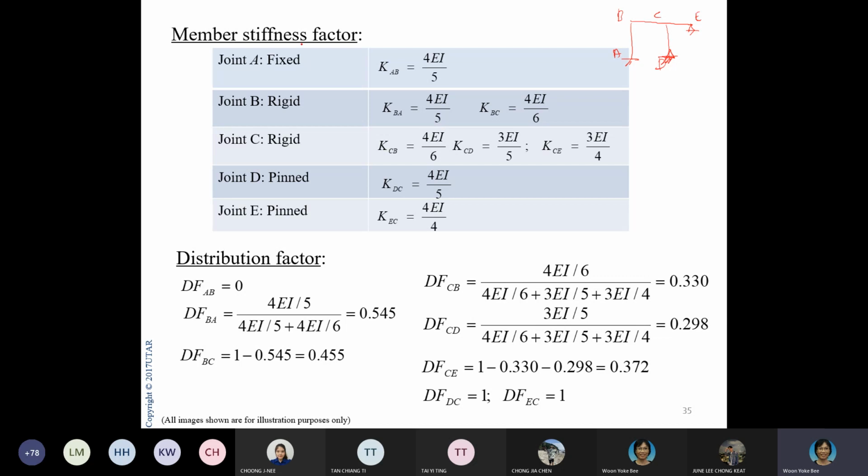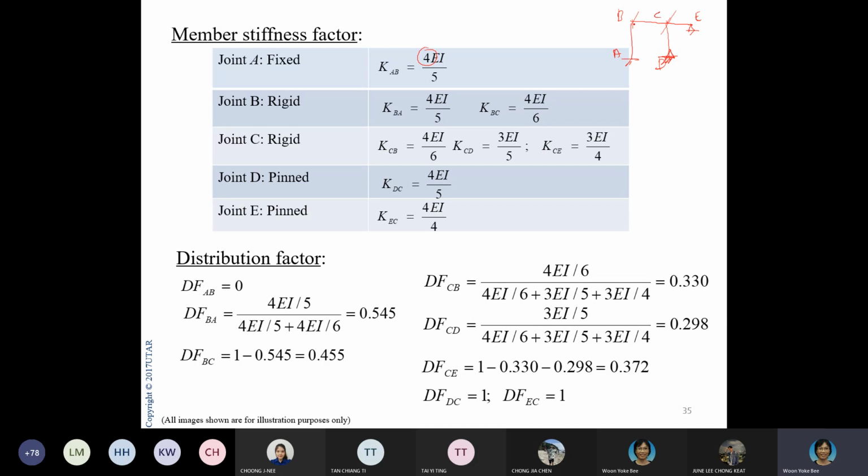Okay, so if I look at joint A, it is fixed. So my KAB would be, joint A is fixed, joint B is also fixed. Remember, all the internal joints here, this one we will fix, this one we will fix. So we will lock them temporarily. So your KAB is 4EI over L. So joint B is rigid.